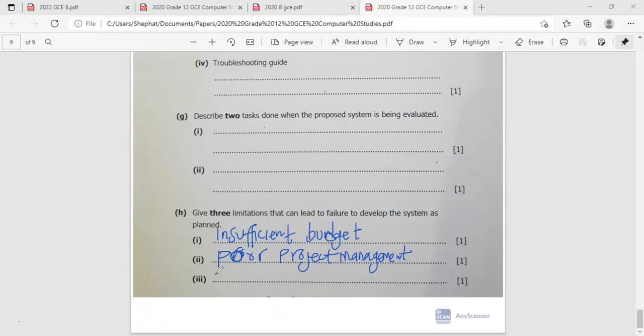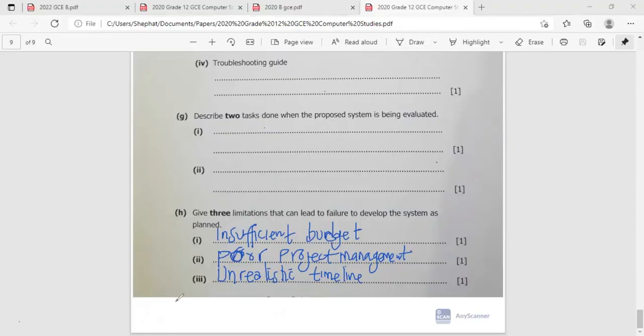The other one that can lead to project failure is the unrealistic timeline. Your project is supposed to take maybe years, and you said it can be done in maybe a month. It may end up not meeting all the objectives.